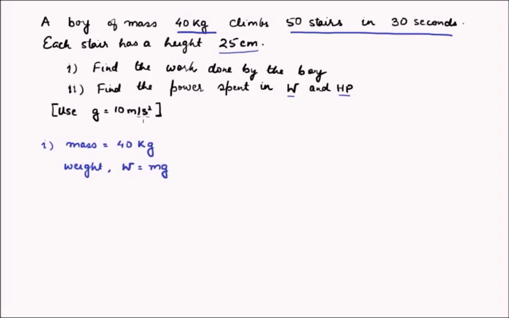If it is not given, we would take 9.8 meter per second square, but since it is given, I will use that value, and that will be 10 times 40, which is 400 Newton. So the weight of the boy is 400 Newton, and the weight will obviously act downward.